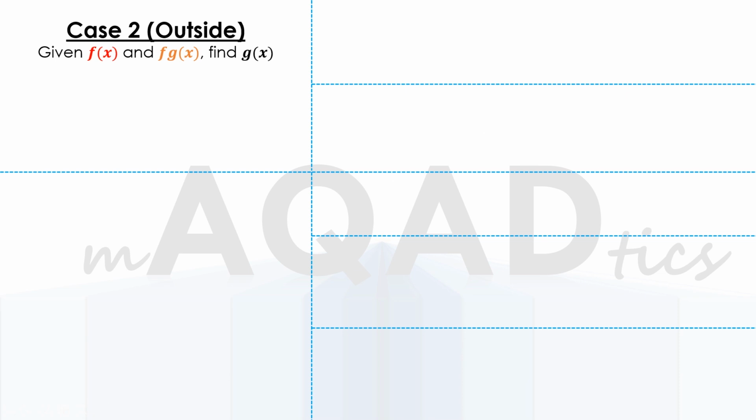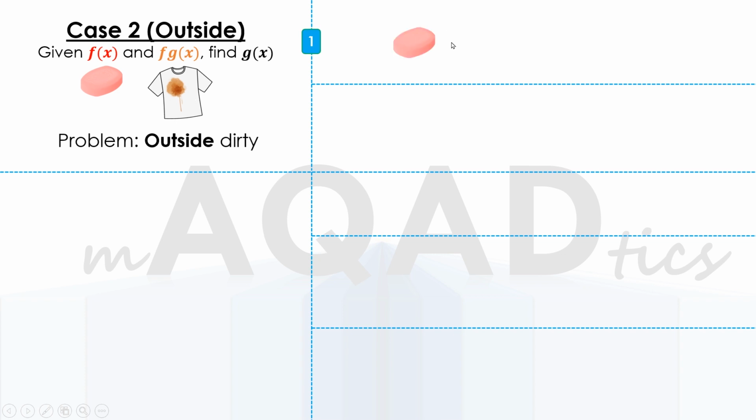Let's assume fg(x) is the dirty shirt, dirty on the outside because our case is outside. Let us also assume that f(x) is a soap. What we need to do to solve this situation is apply the soap to the shirt first, then later remove the foam from the soap, so we have a clean shirt.